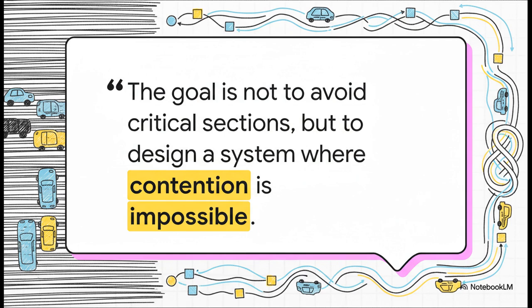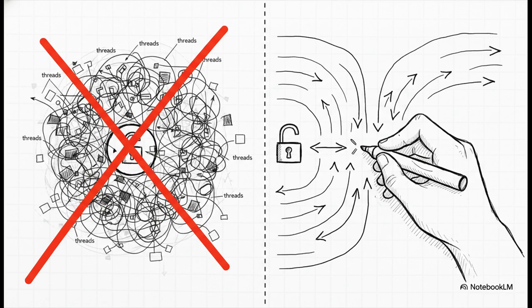And this, right here, is the ultimate takeaway. We have to stop blaming the tool. The goal isn't to just avoid critical sections. The goal is to design systems where the very condition that makes the tool dangerous, that contention, that traffic jam, can't even exist in the first place. So the goal is to become a better architect.